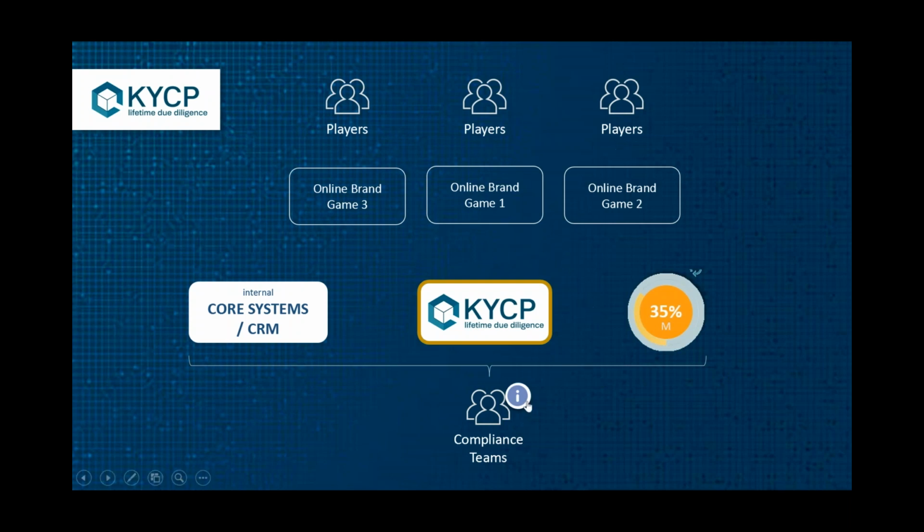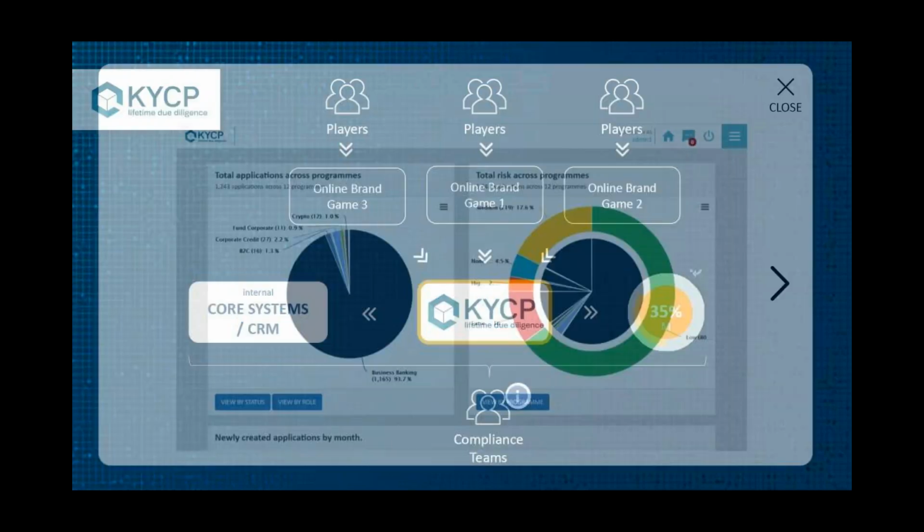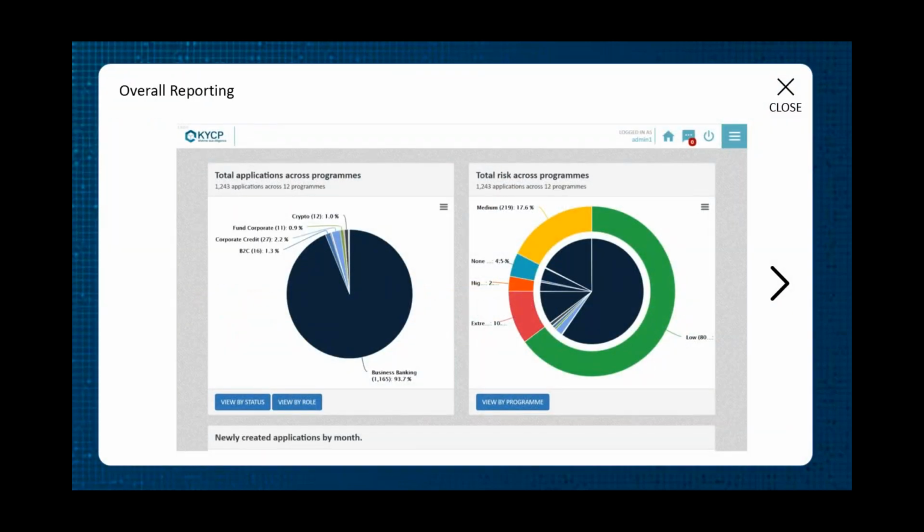So for example, apart from the notifications, apart from the workflows, the system then gives the overall aspect of reporting, understanding how many players I have across which brands, being able to split it by status, for example, and being able to split it by the team. The overall risk of my company. So the outer dial over here is showing me the risk that I have of all the players.